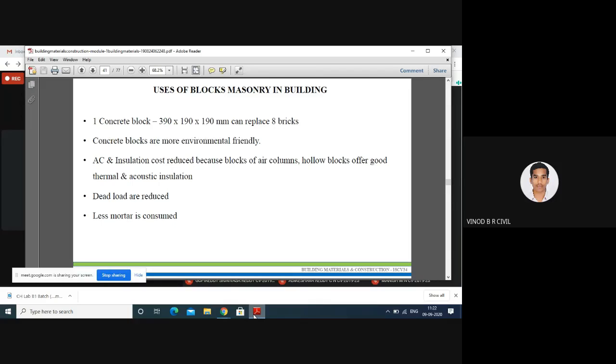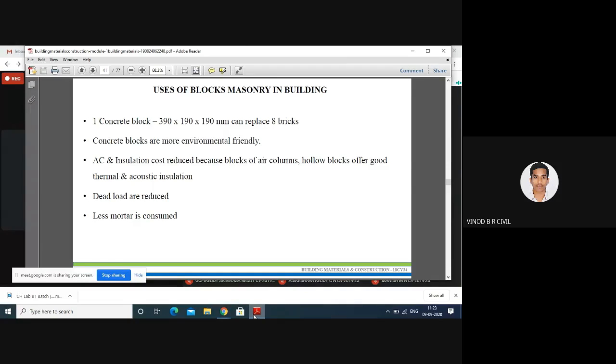Especially during column construction and beam construction, where we do not require more load on the structural components, we can use block masonry. Dead load and self weight also we can reduce on structural components like column, beam, slab, roof and foundation.